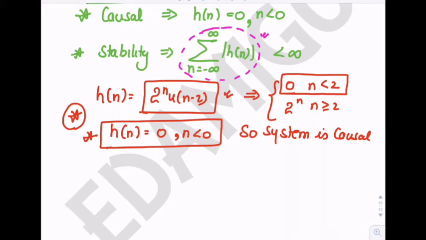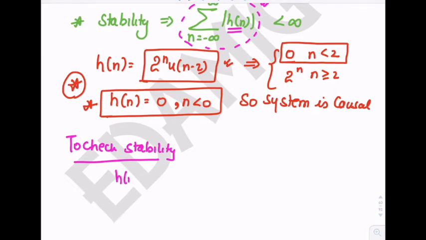As we know, the condition of stability is that h[n] should be absolutely summable. To check stability, h[n] is equal to 2^n u[n-2].